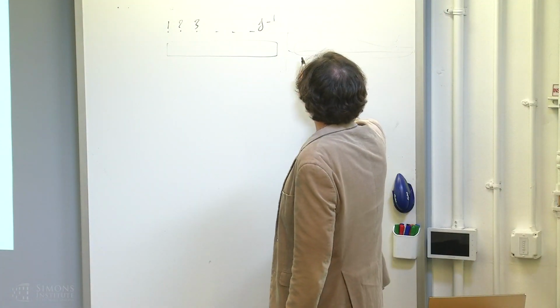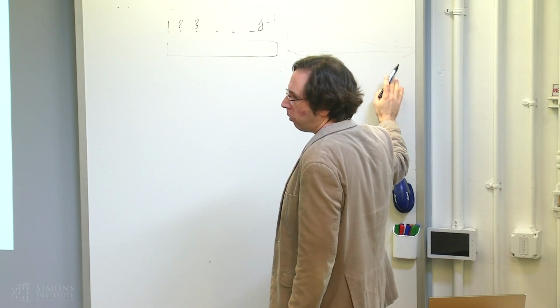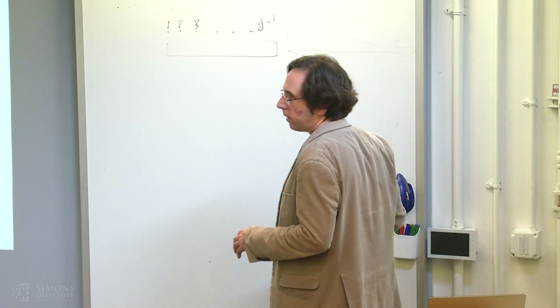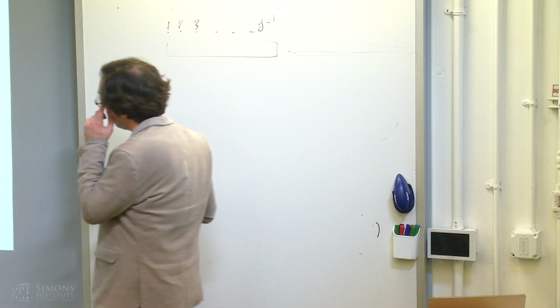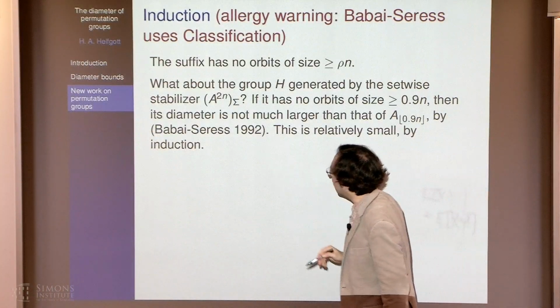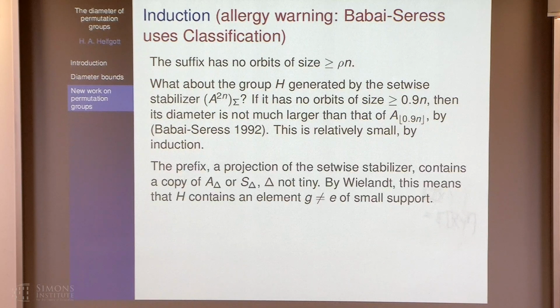What will happen is that if it doesn't have a long orbit, or if it doesn't have a large alternating chunk, then you're going to get a reduction to smaller groups by a known argument that involves classification. Actually, there's a small flaw in this paper, but it can be fixed. And then you use induction. Very well. So suppose that's not the case.